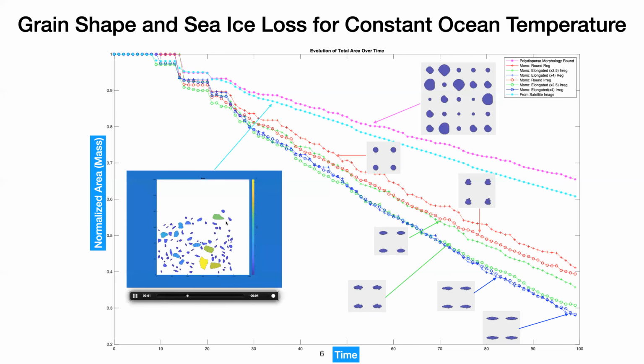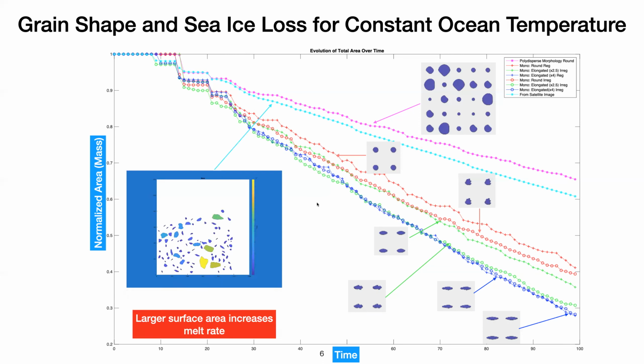So even if we have a realistic looking distribution with very large flows, given the presence of small flows in it, we can have a higher mass loss even than for a distribution with a more regular shape. So basically, larger surface area will increase melting rate. And that is something that we could capture using LS-DEM.